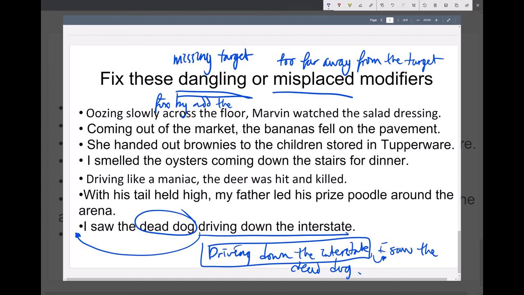Adding a target. And for misplaced modifiers, you want to fix by moving the modifier next to the target.